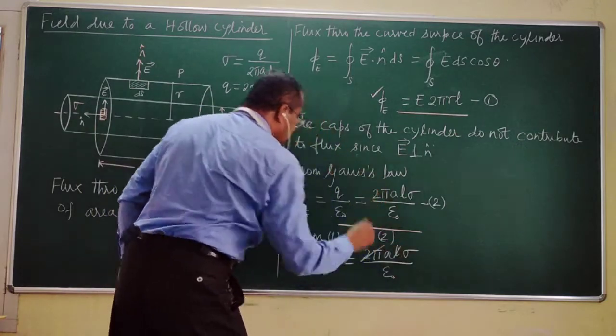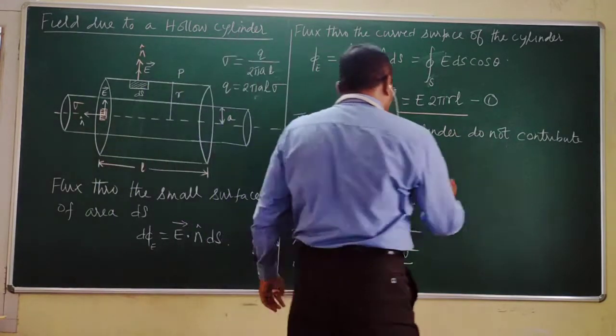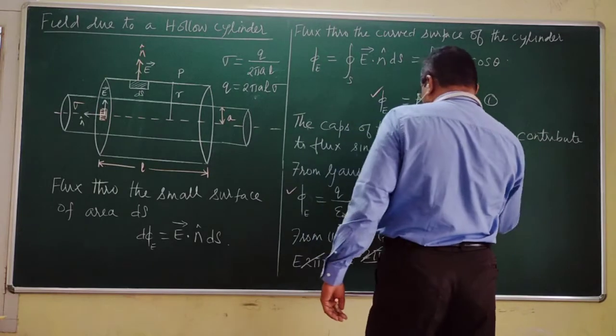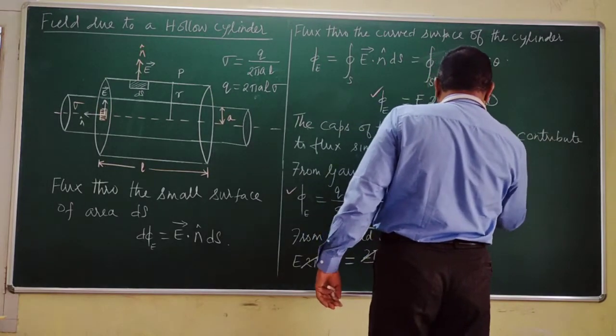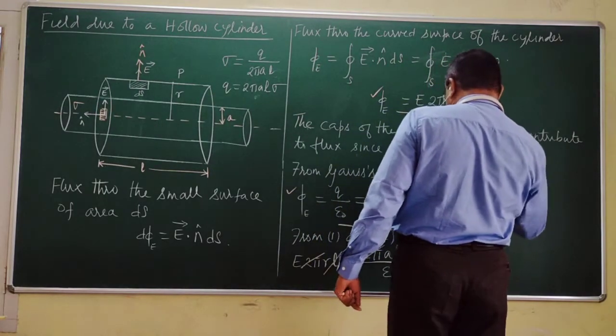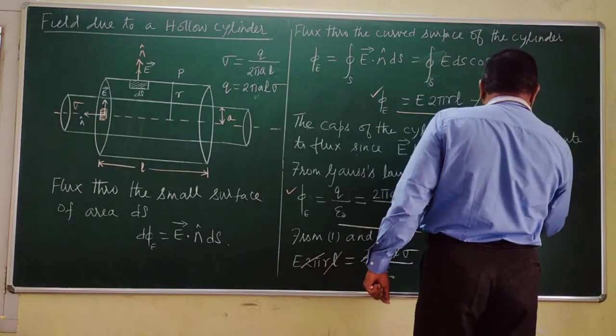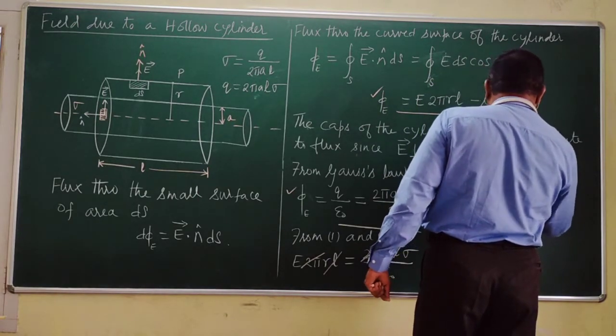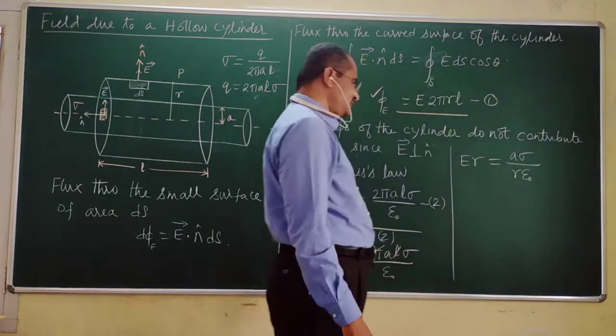L can be struck off to give me E into R is equal to A sigma upon epsilon naught.